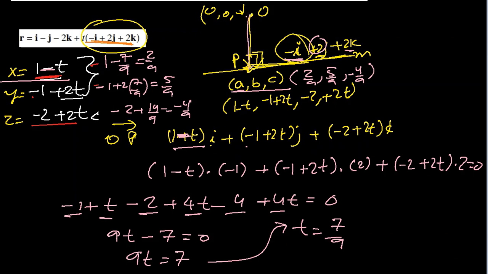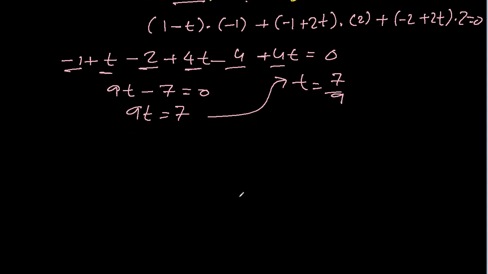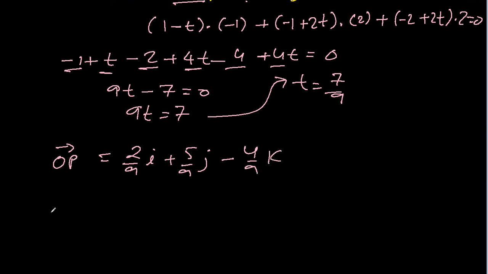And this is also the position vector from the origin. So we'll just find the magnitude of this vector. We can write it as OP equal to 2 over 9 i plus 5 over 9 j minus 4 over 9 k.